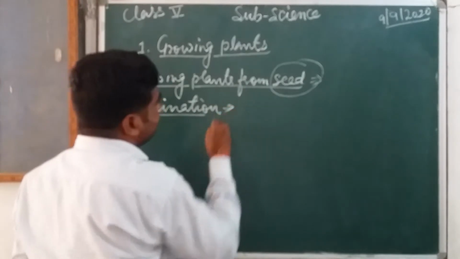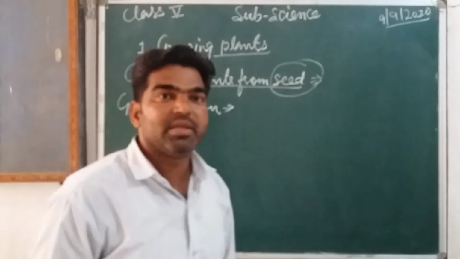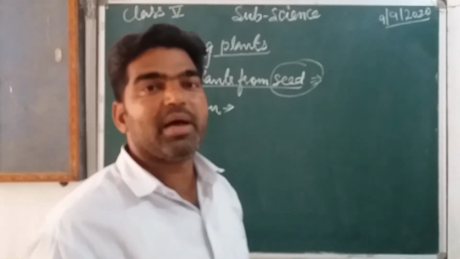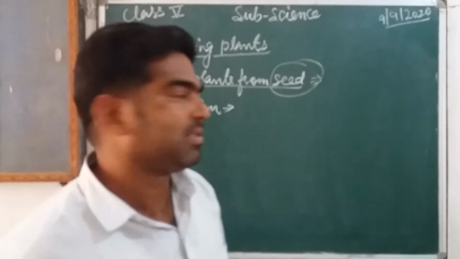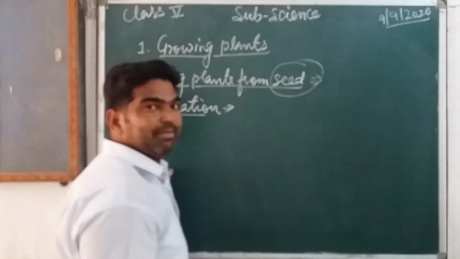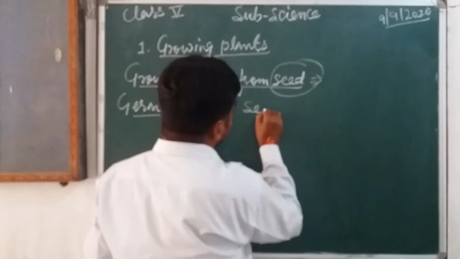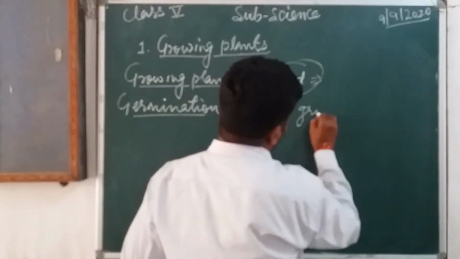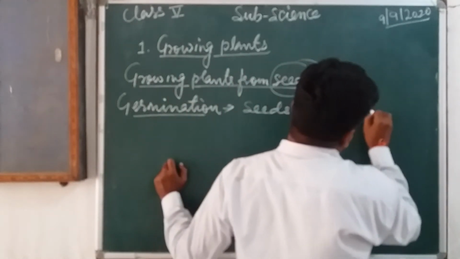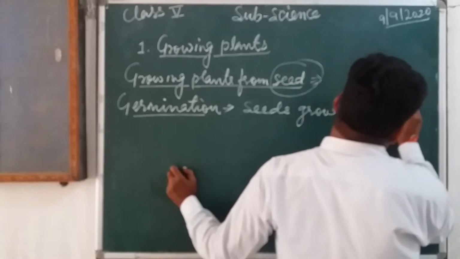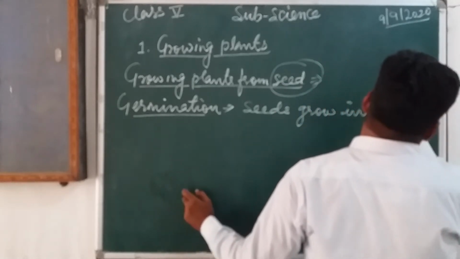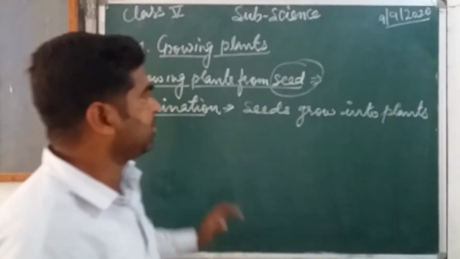So what is germination? Germination means the process of growing seeds into plants. In simple words we can say that seeds grow into plants. It's known as germination.